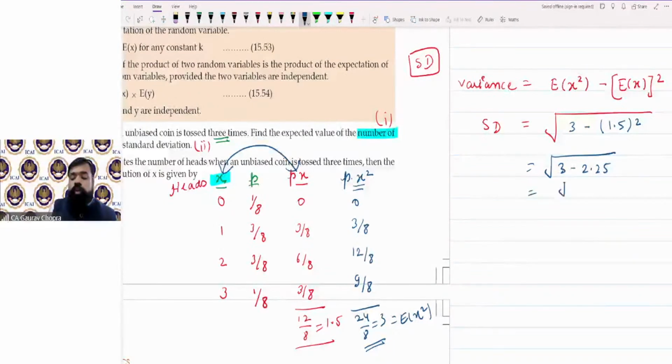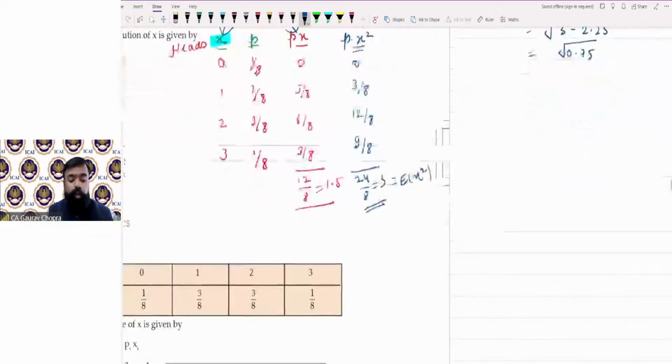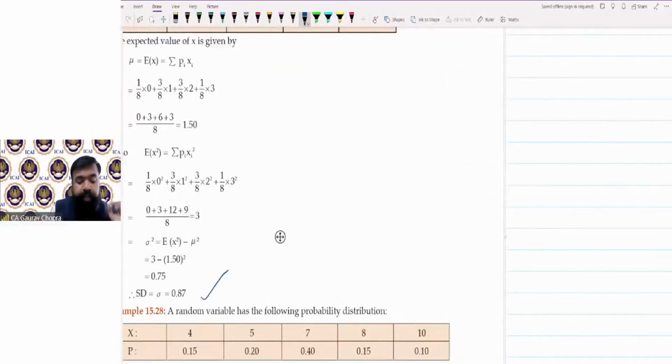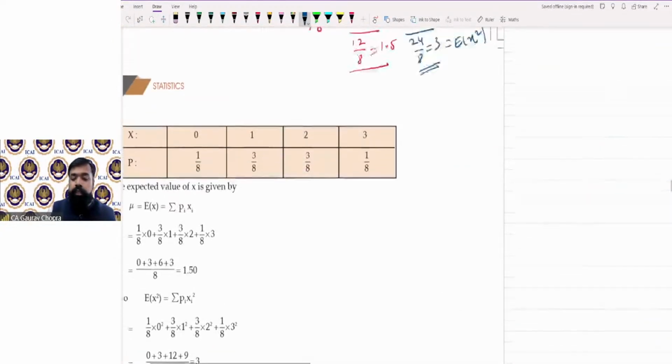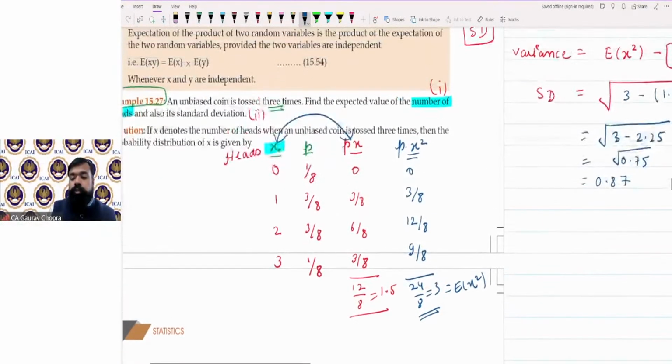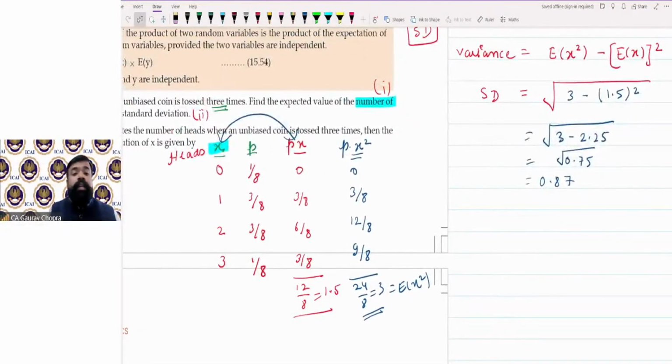Therefore, the final answer will be root of 0.75, and after doing the square root, you will get the answer as 0.87. Okay, so in this way, you can easily get expected value, variance, and standard deviation.